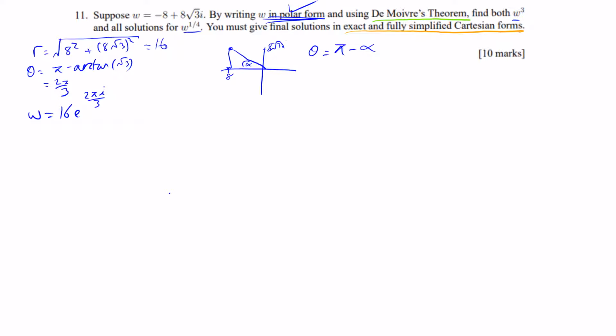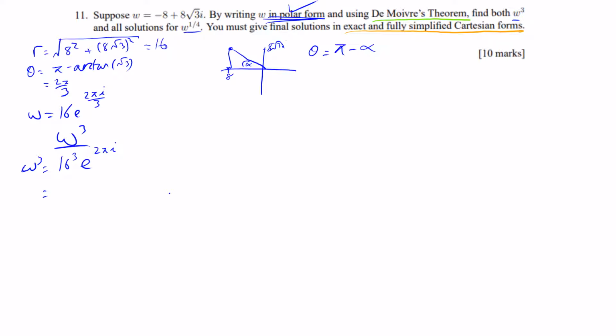Now we've got to use the de Moivre theorem to find w cubed. So we take our w, which is 16 e to the 2 pi by 3, and the de Moivre theorem says that w cubed is equal to 16 cubed e to the 2 pi i over 3 cubed, which is 2 pi i.